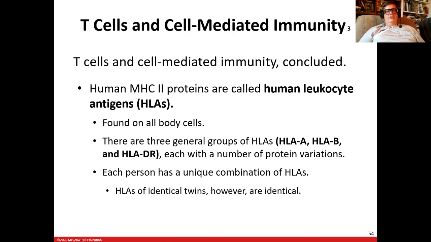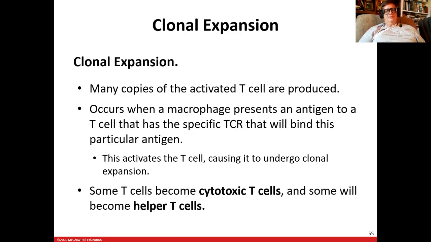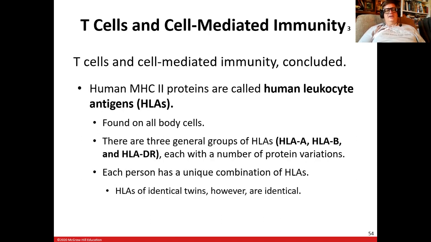And you have them on all the cells in your body. There are 3 general groups. Each one has a protein. Yeah, this is all straightforward. You can read this. Each person who's not an identical twin has a unique combination of HLAs, right? Identical twins having the same genes are going to have the same HLAs.